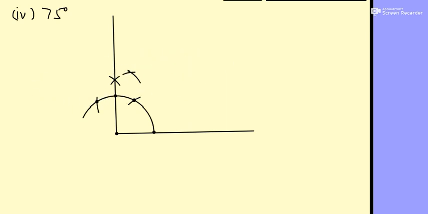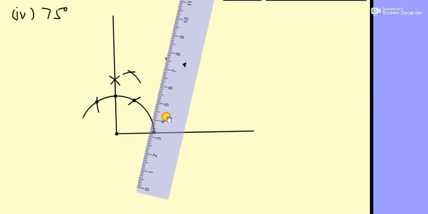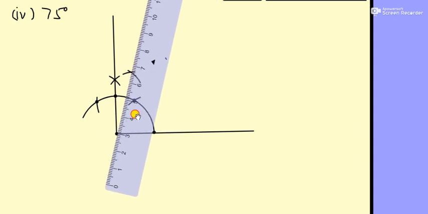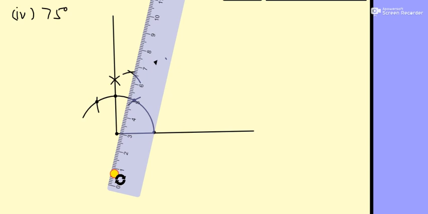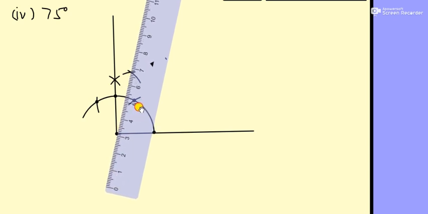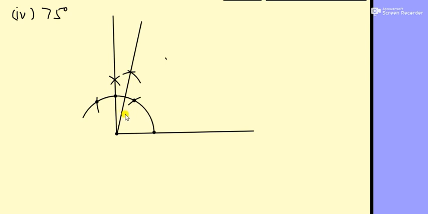And now remove the compass, and with the help of scale draw this line. Yes, remove the scale and write this angle. This angle is 75 degrees, so it's very easy to write the 75 degree.